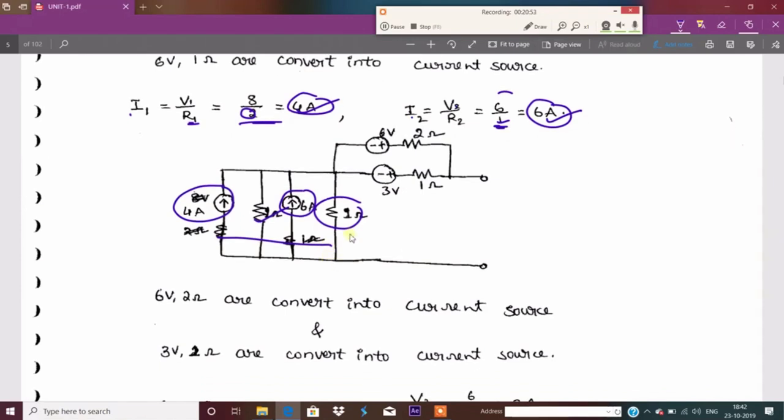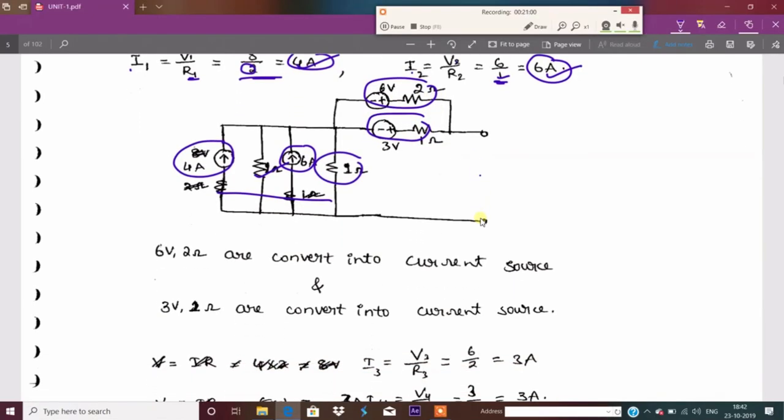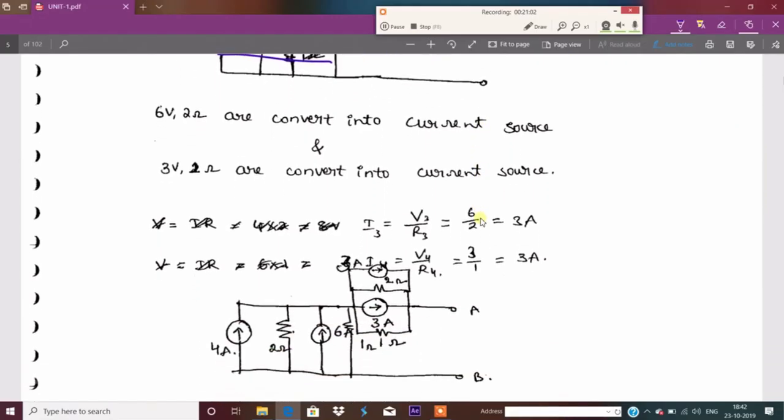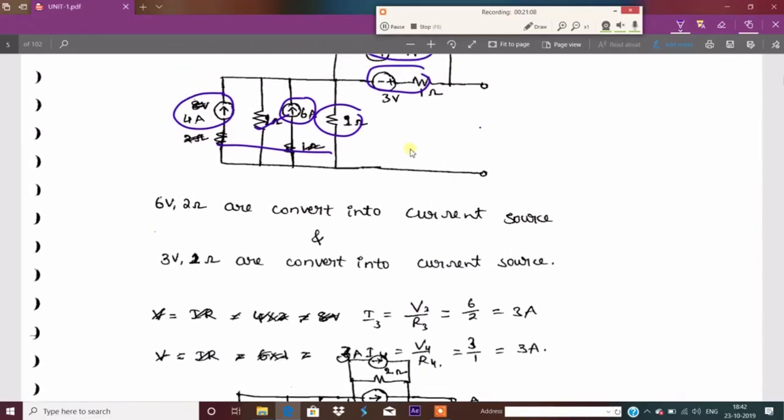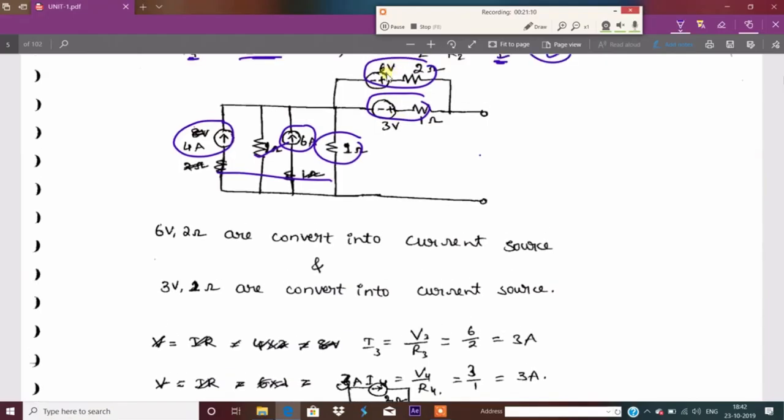And the second step here: these two voltage sources convert into current sources. Okay, let me explain. What is the voltage V3 here? 6 volts. I consider this as I3 current, and this current as I4.